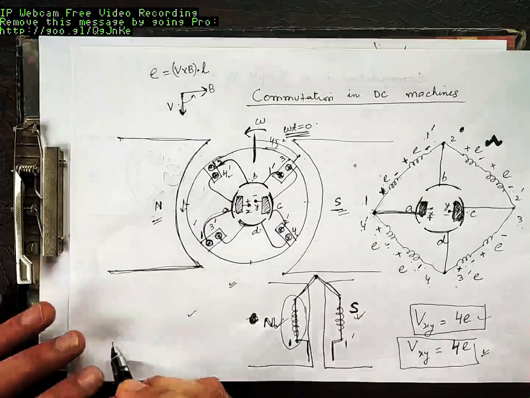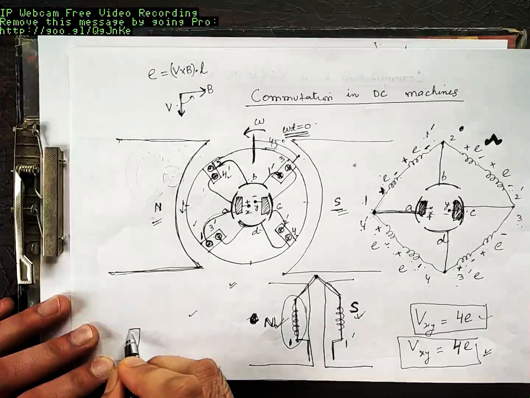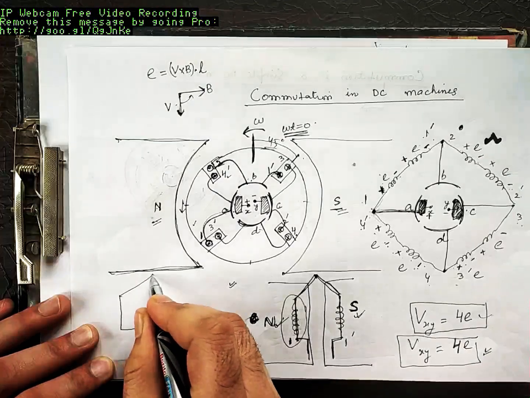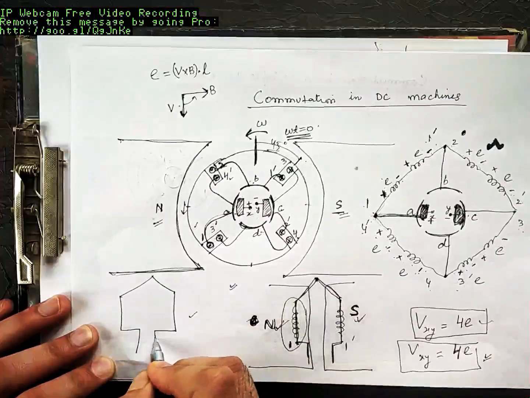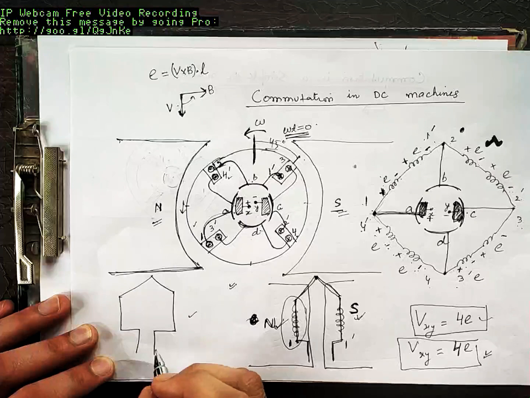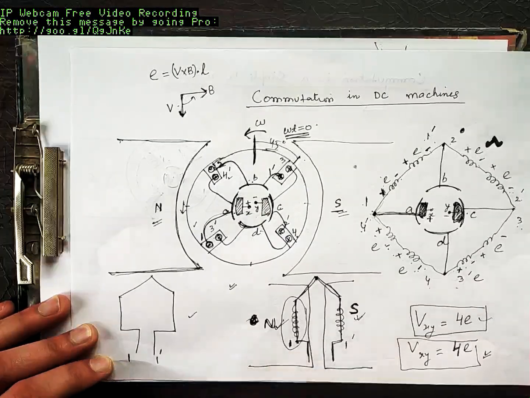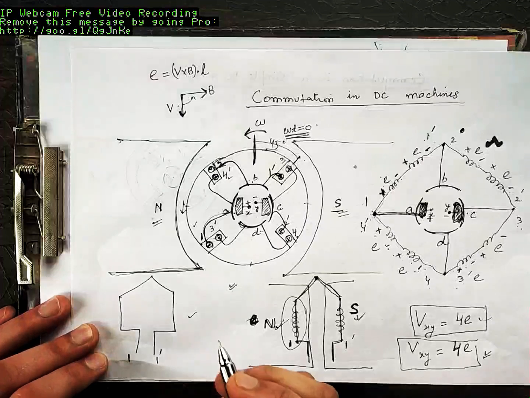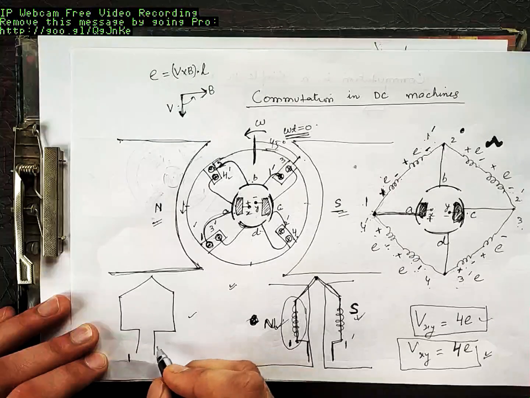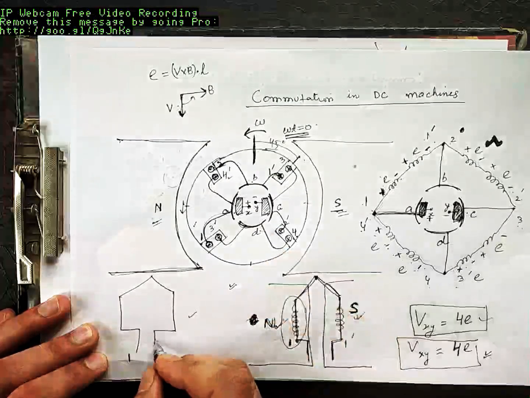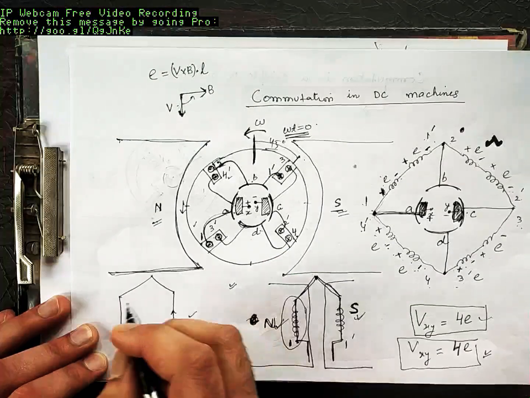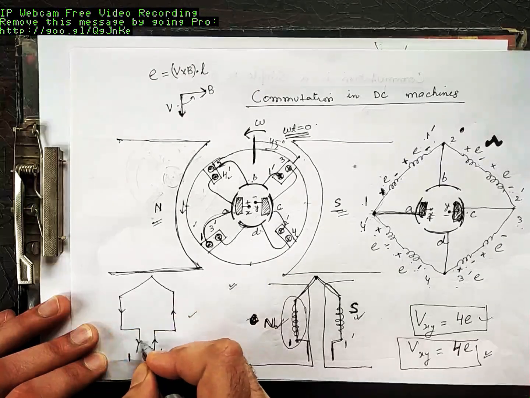If I draw it here, 1 prime is cross, going into the page, and 1 is coming out.